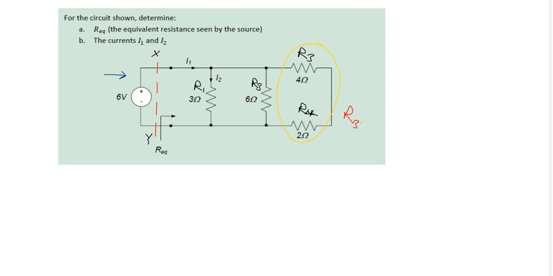R34 is going to be equal to R3 plus R4, because they are in series, and that's going to give us 4 plus 2, which is 6 ohms. This portion can now be represented with 6 ohms, which will be in parallel with this, and also in parallel with this.